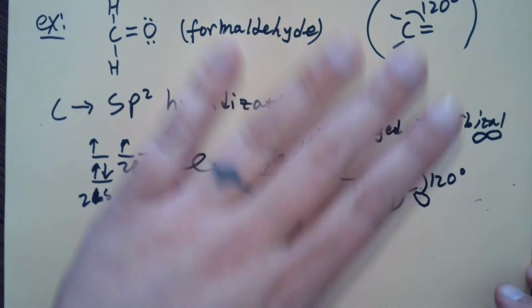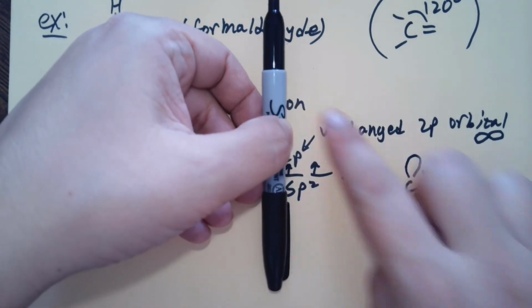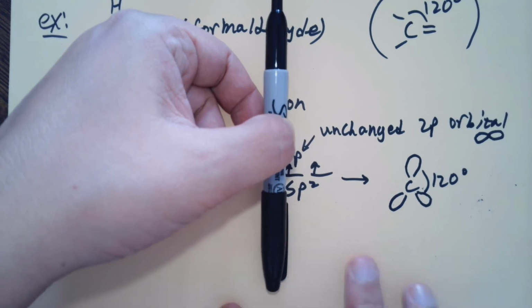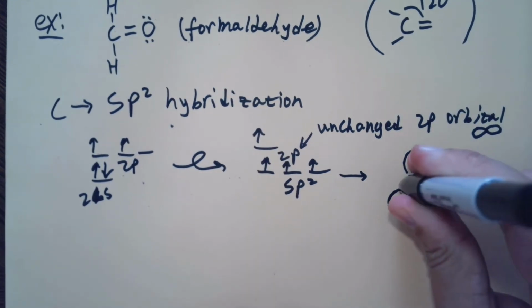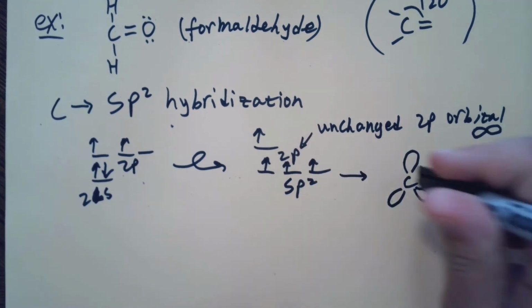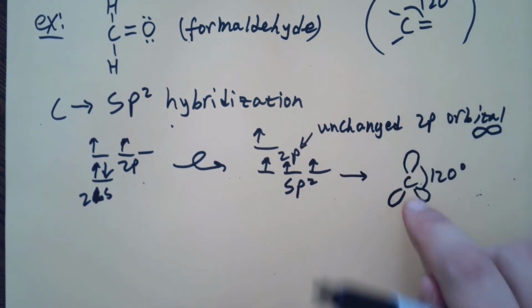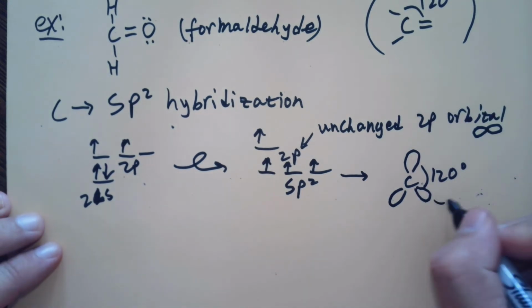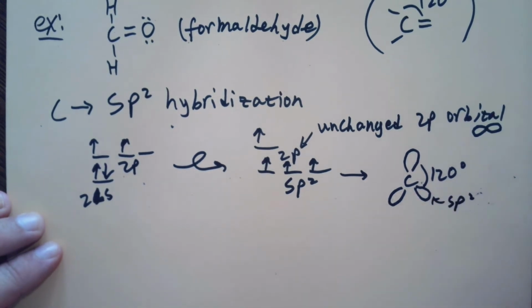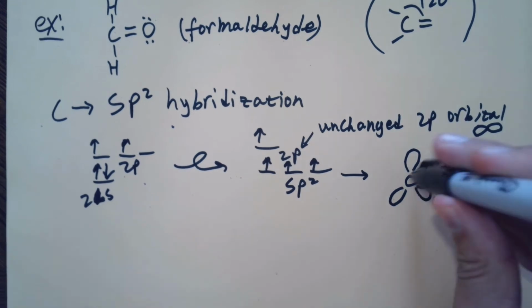This thing's flat as a pancake, and then it's just 120, 120. Those are all my orbital groups. And then going straight up and down from that, my p orbital. So it is perpendicular to all of this. And that's going to be very important here in a second. So these are the sp2s. And then straight up and down is going to be the p orbital.